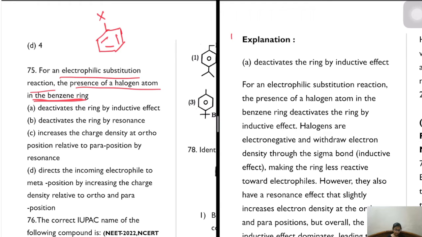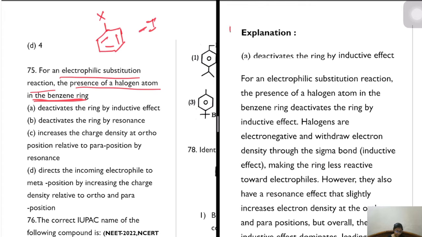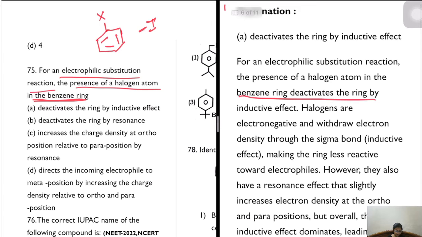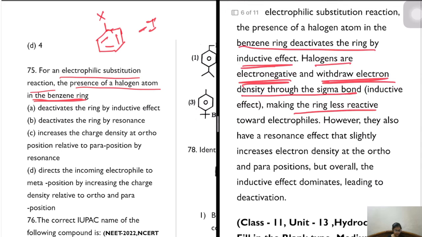It will deactivate the benzene ring by inductive effect. It will withdraw the electrons, and the electron density will be decreased at ortho and para positions mainly. Halogens are electronegative and can withdraw electron density through sigma bond, therefore making the ring less reactive towards the electrophiles.